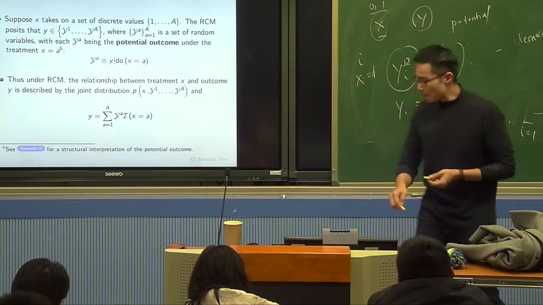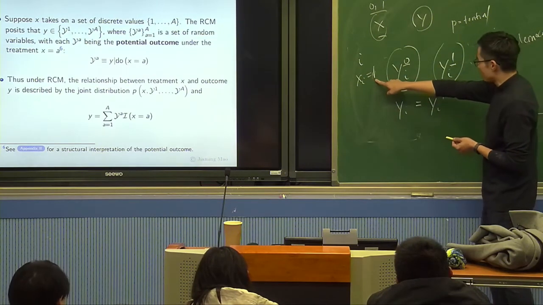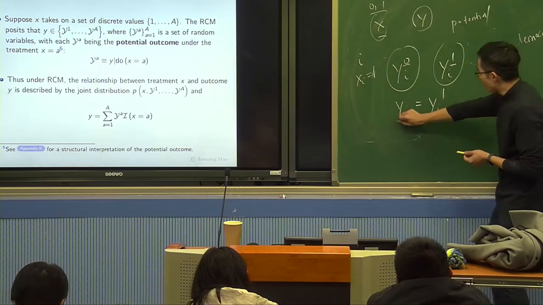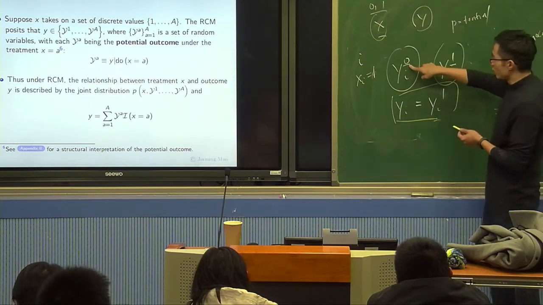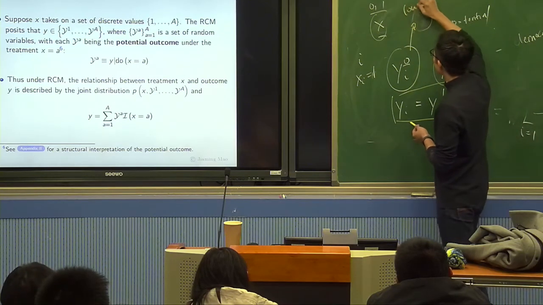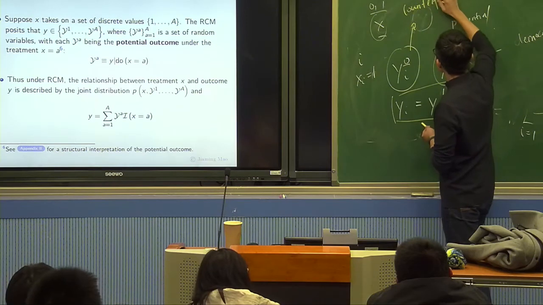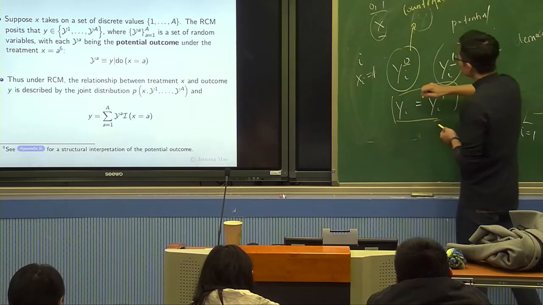Now, suppose this person actually receives xi equal to 1, then yi equals yi1. In this case, we call yi0 the counterfactual.